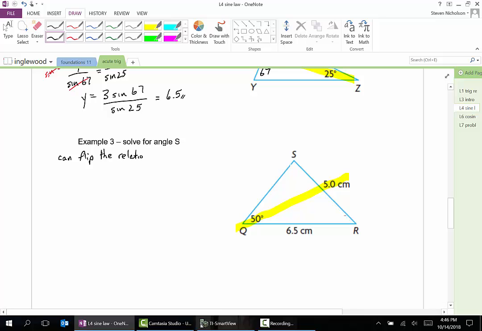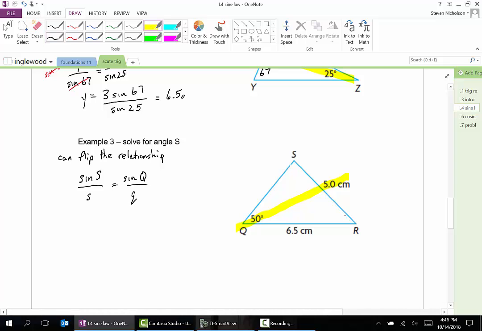And it's always easier to solve something when the unknown is on top. So instead of writing little s over sine when I find an angle, I would do the sine over little s and the sine of q over little q.